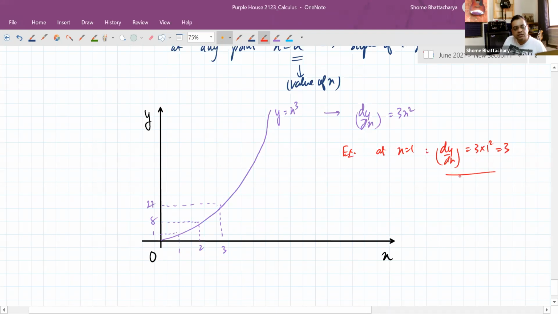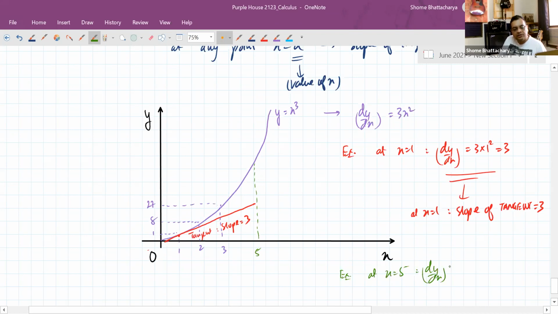So what this means is that at x equal to 1, the slope of the tangent is equal to 3. At this point, if I draw this tangent line, it will have a slope equal to 3. Now if I compare this to another point, let's say I arbitrarily take x equal to 5.